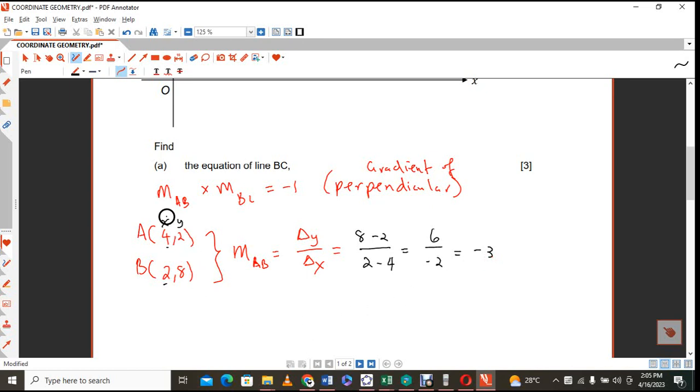So the gradient of line AB is equal to -3.